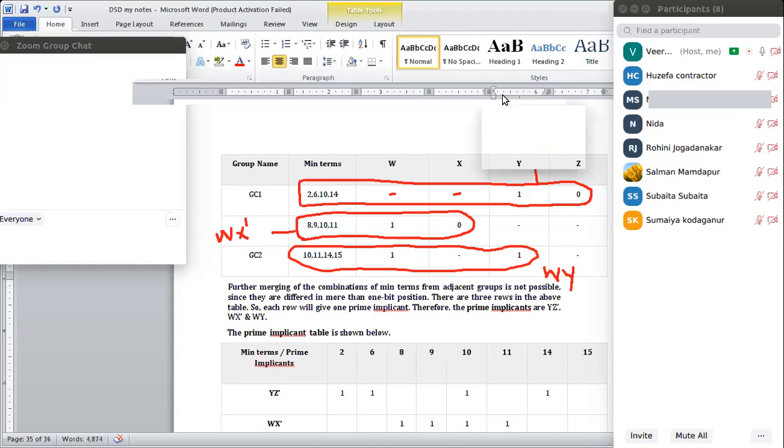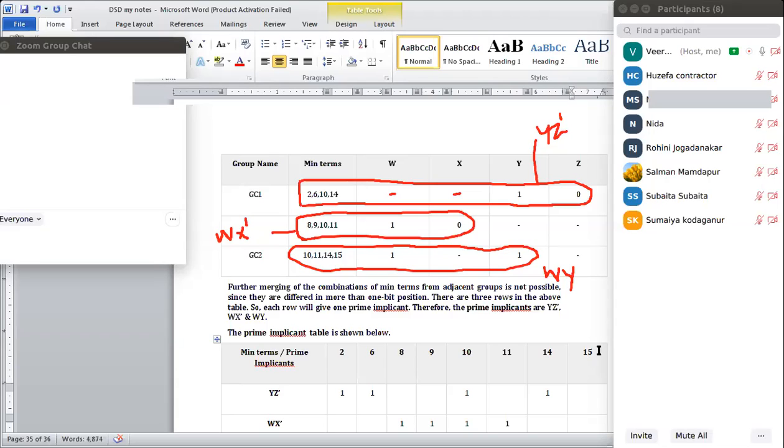Okay. So these minterms, I am writing in a row-wise manner, and the terms 2, 6, 10, 14, 8, 9, 10, 11, 10, 11, 14, 15. I'm writing these terms column-wise: 2, 6, 8, 9, 10, 11, 14, 15.